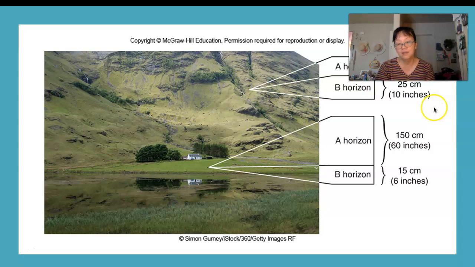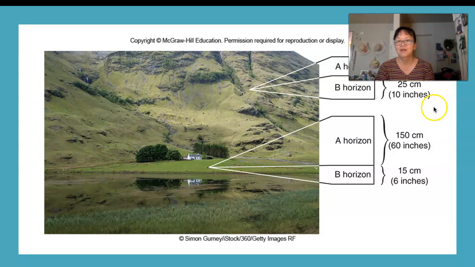In the delta region, where the soil was washed away, especially the rich top layer washed down from the mountain, the A horizon is 150 centimeters, almost tenfold that of the soil above.